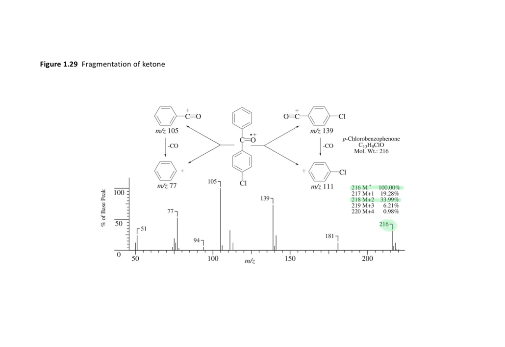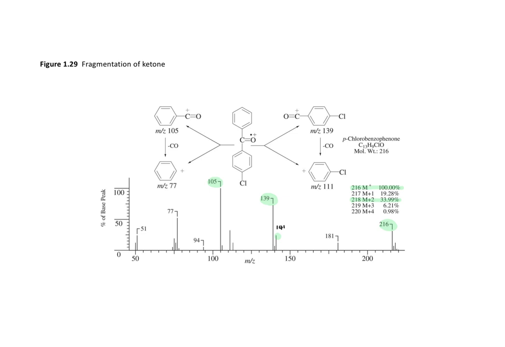I'm unable to interpret the peak at mass over charge of 181, but cleavage of the carbonyl group can proceed in either direction to give the acylium ion at 139, which contains chlorine 35 and 37, and the acylium ion at 105, which does not contain a halogen.